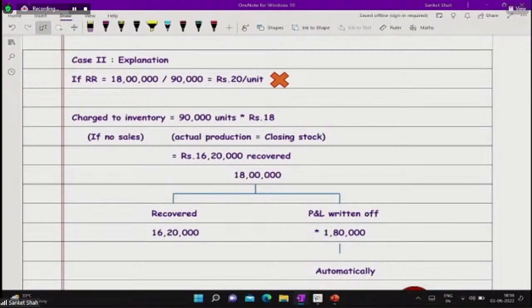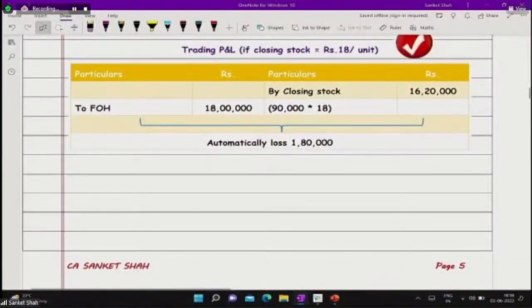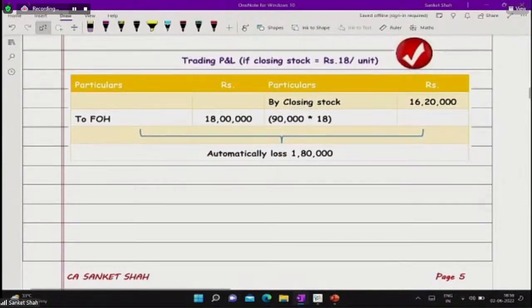If there are no sales, whatever you produce, you are left with that stock. 90,000 units into rupees 18. The answer is 16,20,000, but beta, you spent 18 lakhs. On the debit side, it is 18 lakhs, and on the credit side, it is 16,20,000. So automatically 1,80,000 will be written off. It's very simple. Next one, you can check this in the trading and P&L account here.